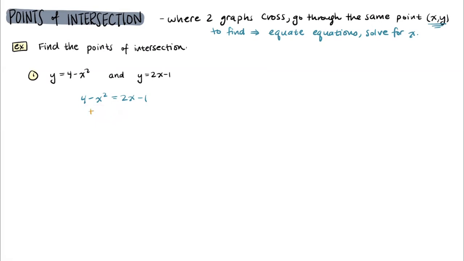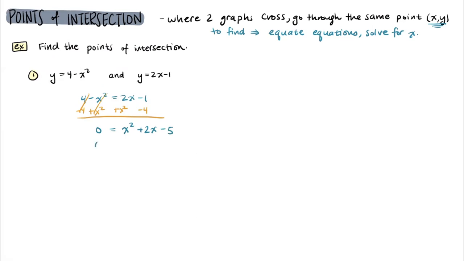Let's do plus x squared minus 4. That cancels on the left and gives us 0. On the right, I'm going to write this as x squared first, then plus 2x, and negative 1 minus 4 is negative 5.